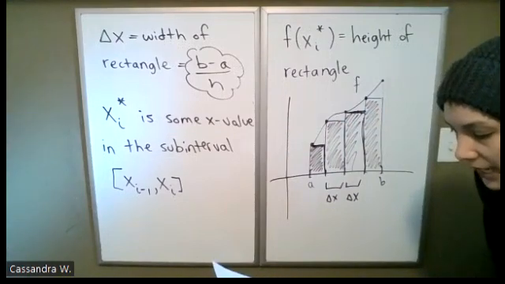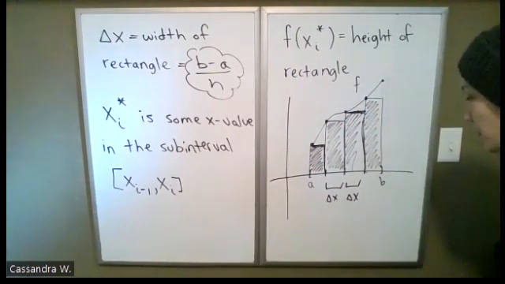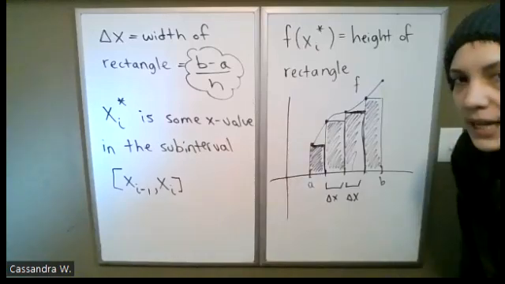Okay, we like to call A x naught, and we call B x sub n.